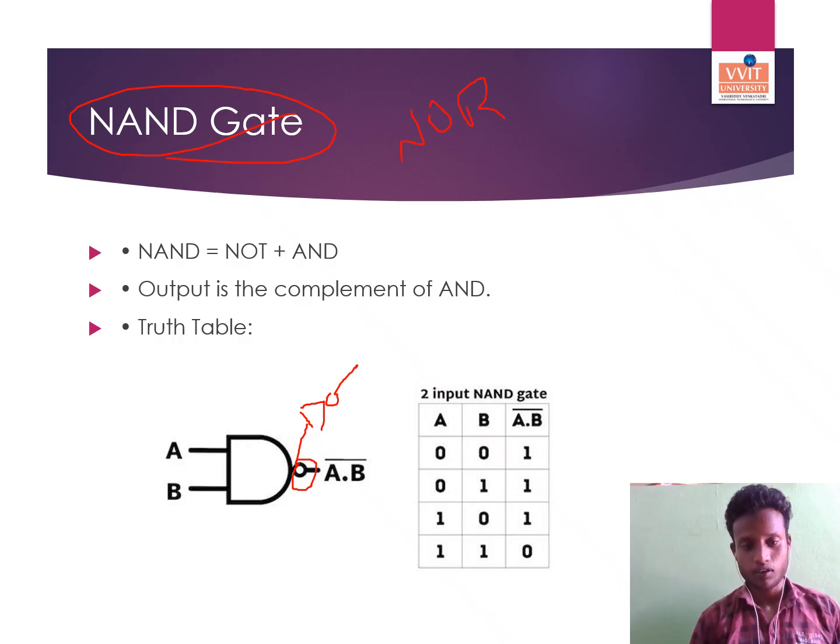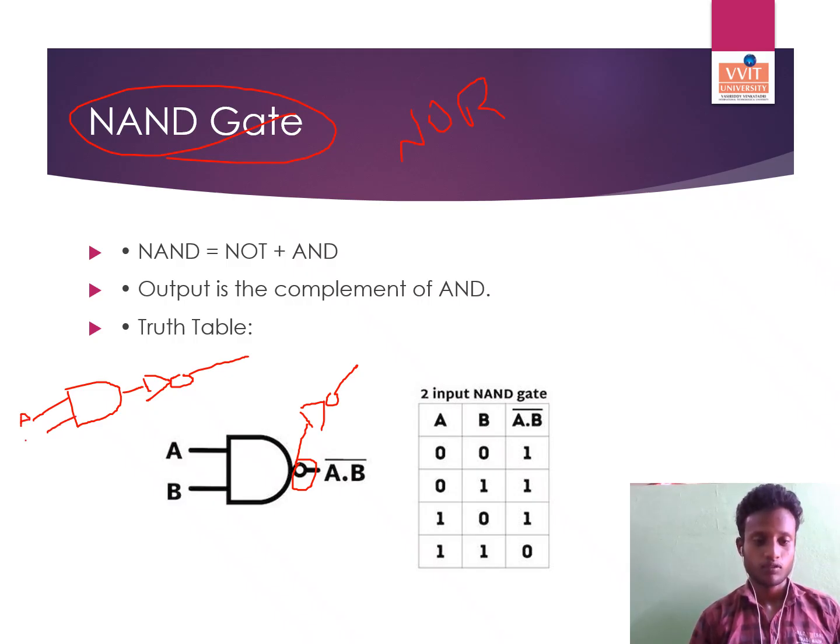We have an AND gate here, and this AND gate's output is connected to the NOT gate. Inputs A and B, output is Y.